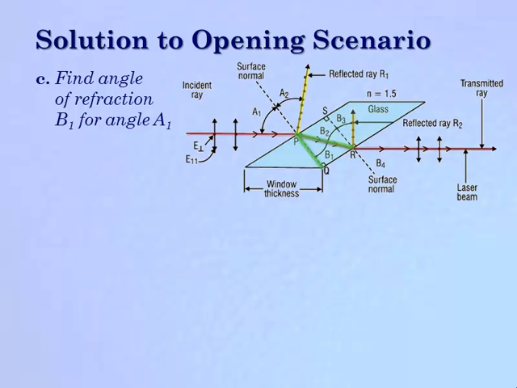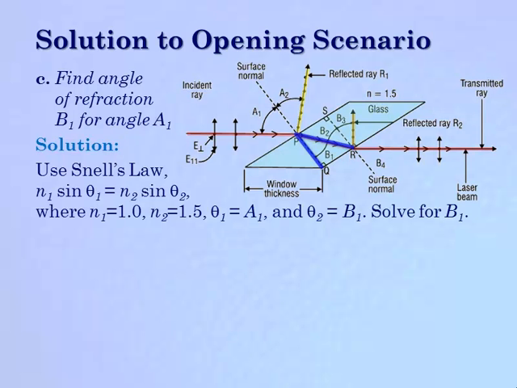Part C says to find the angle of refraction. The angle of refraction is also measured against the normal. And so we've got angle A1 coming in and angle B1 coming out of the interface of the media, measured against that normal line. So we'll substitute our variables into Snell's law, which says that n1 sine theta 1 equals n2 sine theta 2.